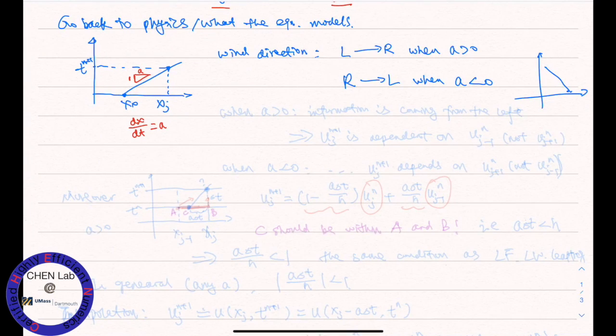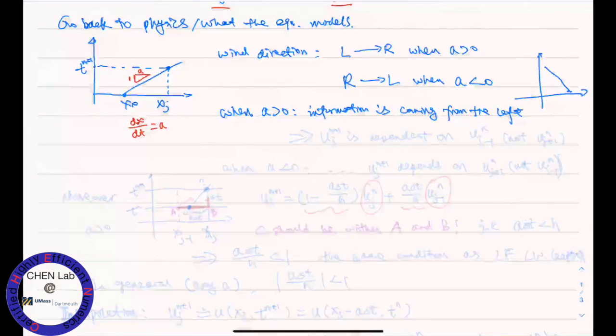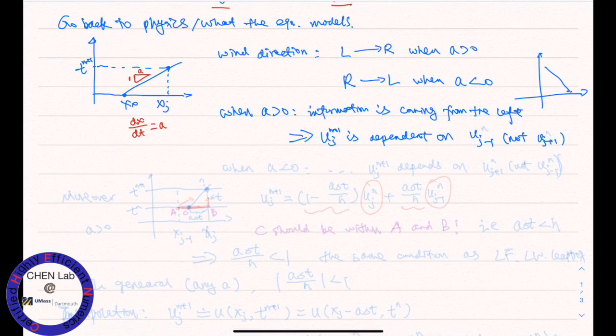So that means when a is larger than 0, the information is coming from the left. Wind is blowing from left to right, from the left, which means u_j^{n+1} is dependent on u_{j-1}, not u_{j+1}, if we have to choose between these two.